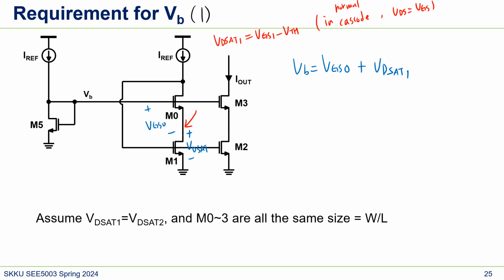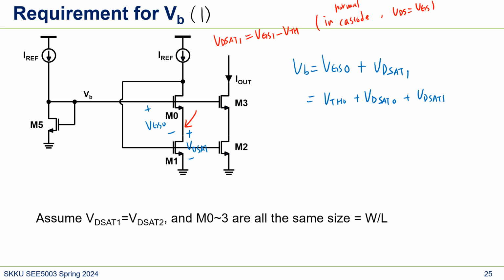So that means we can rewrite VGS0 as VTH plus VDSAT0 plus VDSAT1. This is simple.